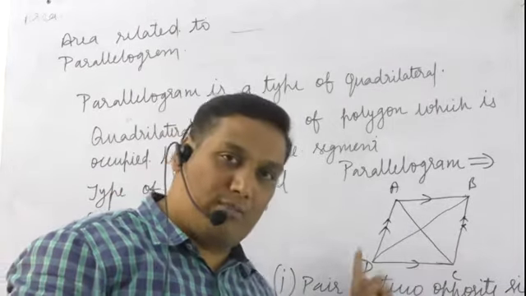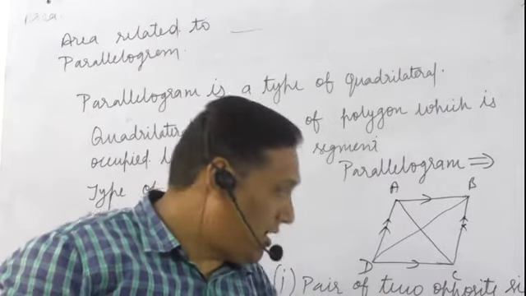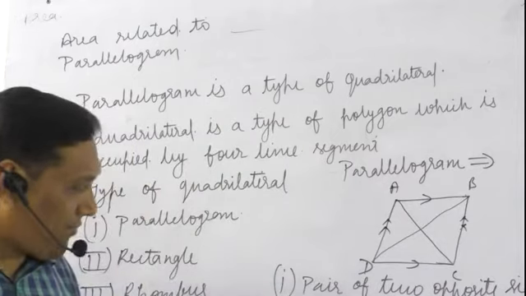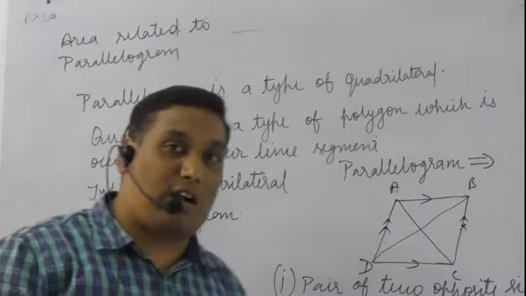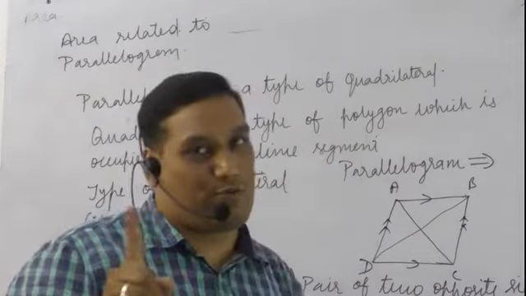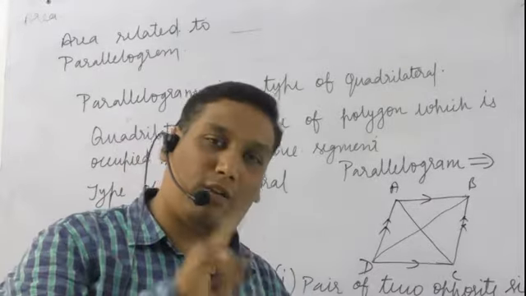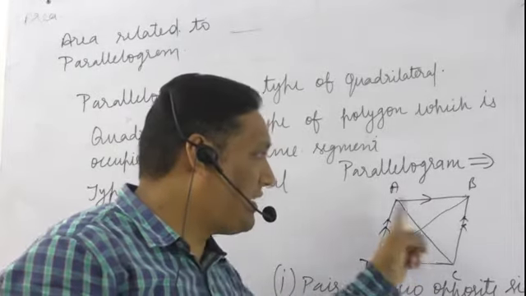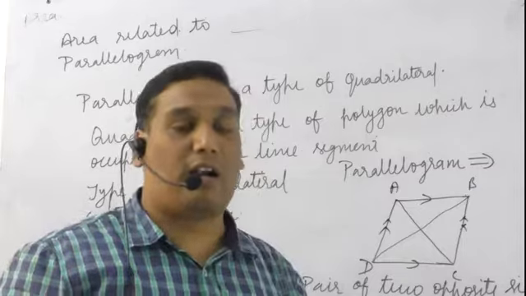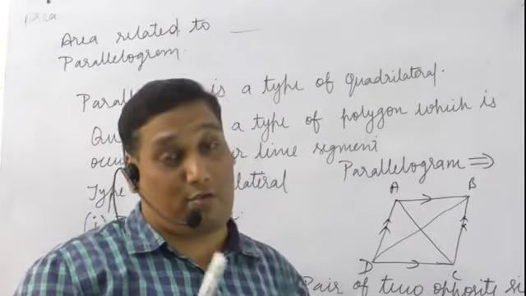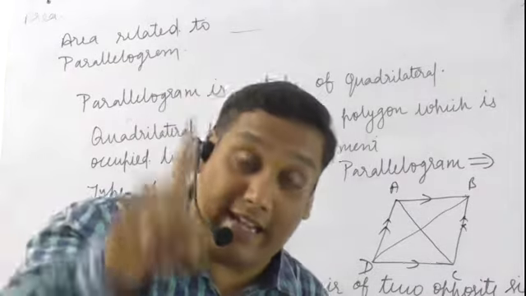AC is a diagonal, BD is a diagonal. The diagonals of a parallelogram are not equal. AC and BD are not equal, but they bisect each other.